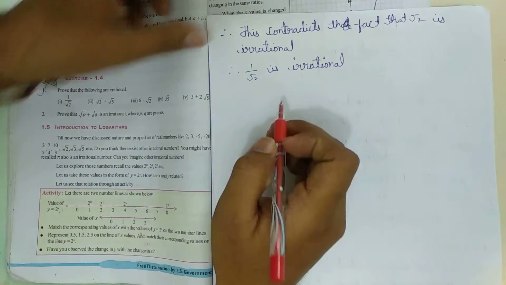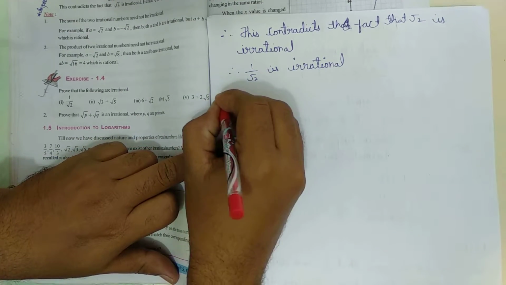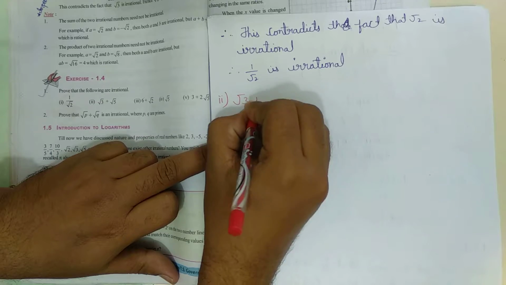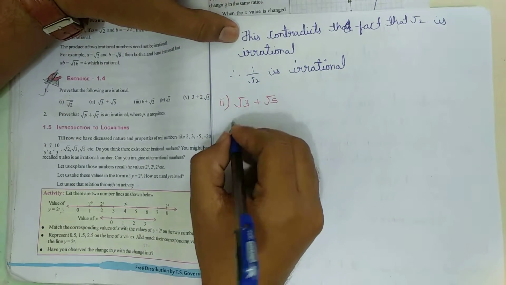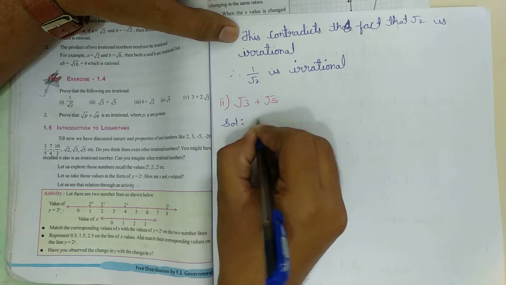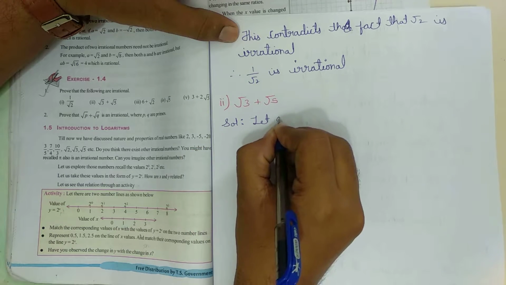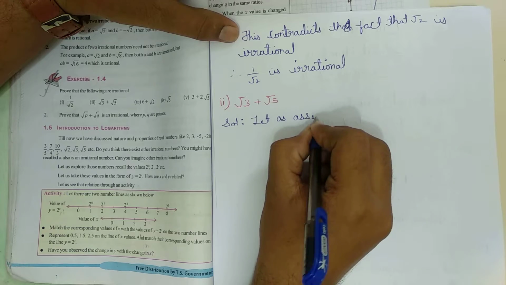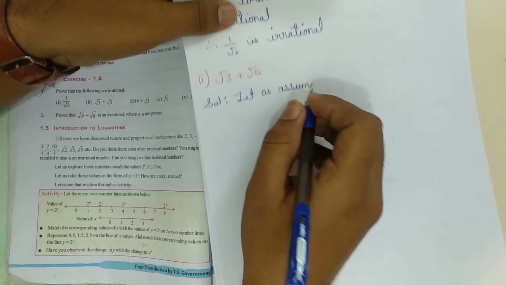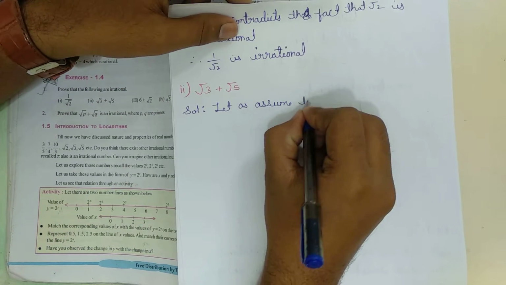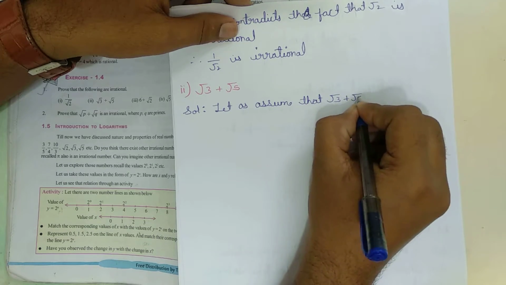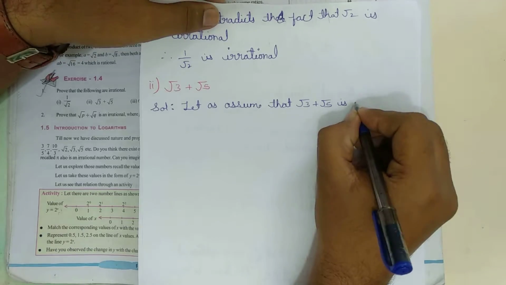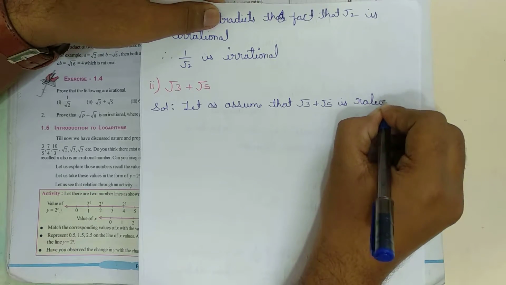Okay, next we'll be seeing the second one, root 3 plus root 5. Same as before, let us assume that root 3 plus root 5 is rational.